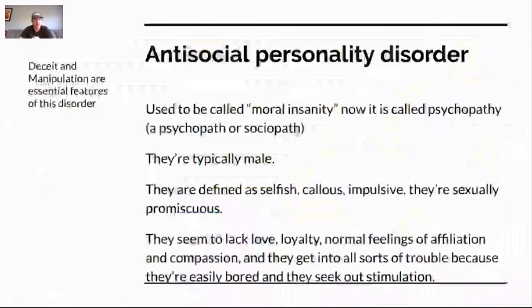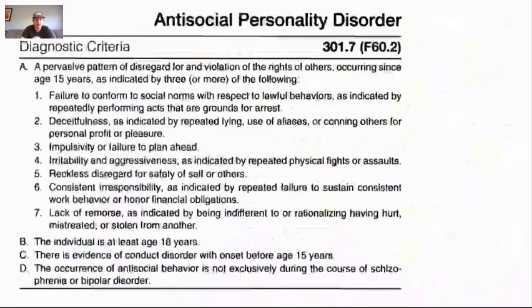Because they're easily bored, and they seek out stimulation. Sometimes it's by hurting other people, right? They don't conform to social norms or lawful behaviors. Maybe drug dealing, deceitful, lying, use of aliases, conning others, impulsivity or failure to plan ahead, irritability, aggressiveness, reckless disregard for the safety of self or others.